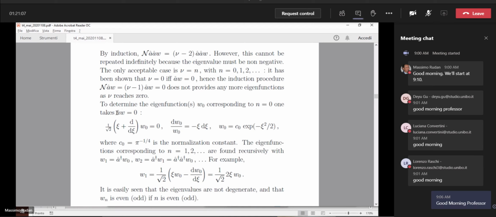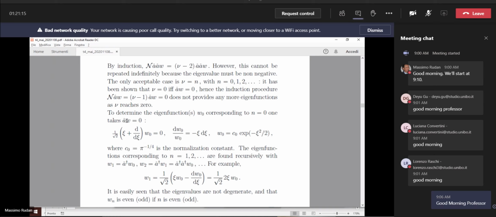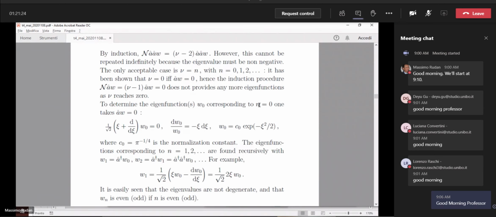Now we can write the expression AW equal to 0 explicitly. Instead of using the symbol W, we use the symbol W0, because W is the eigenfunction that corresponds to n equal to 0. Then we replace A. As you remember, A is 1 over the square root of 2 times x plus the derivative with respect to x.